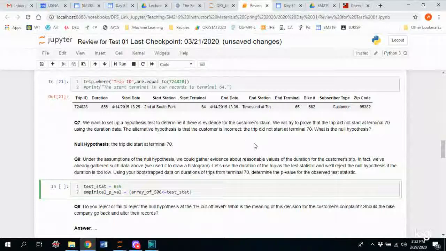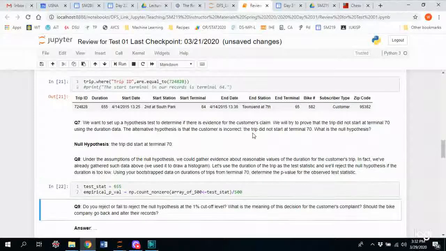That will be an array of zeros and ones, and we'll use the np.count_nonzero function to count up how many of these are ones, that is how many of the 500 simulated test statistics were below the observed test statistic, and then we'll divide by the 500 to get a proportion.